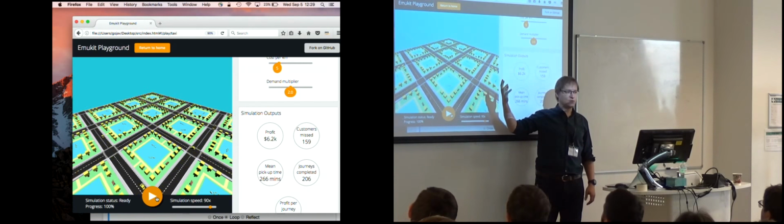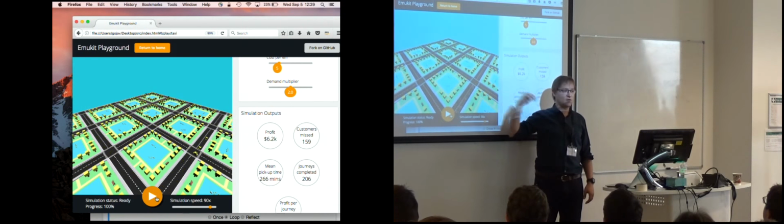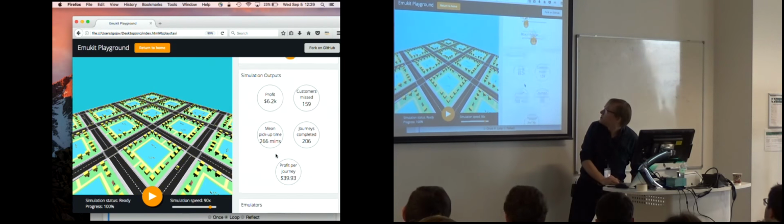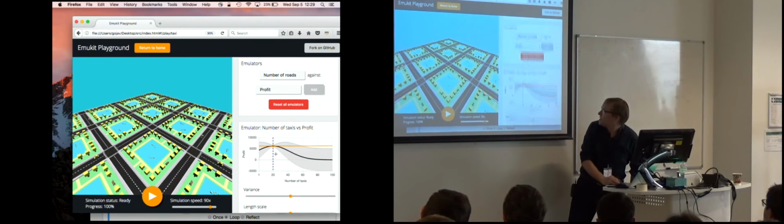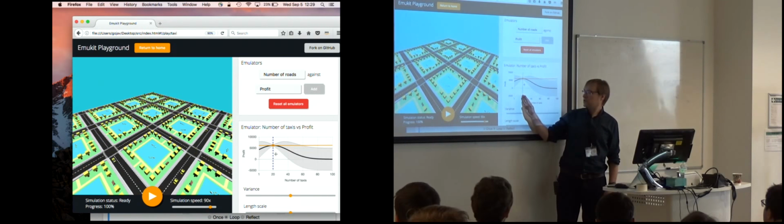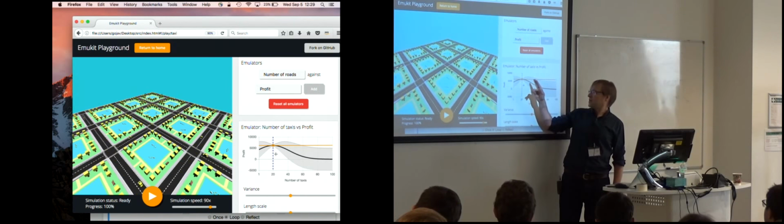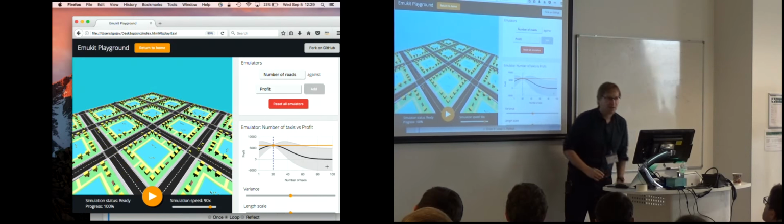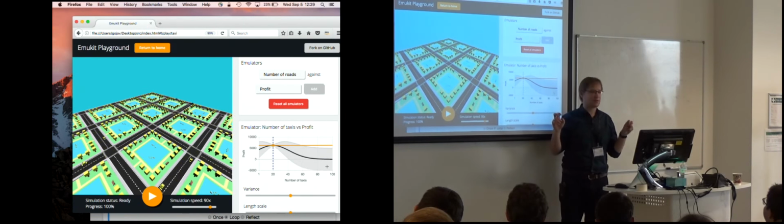Imagine that what I want to do is optimize the profit in terms of the number of taxis, right? So something you can do is come here and say, well, I'm running this simulation and I have this GP model for 20 taxis on the road and I have this profit. And this is like the human Bayesian optimization that I was mentioning before.